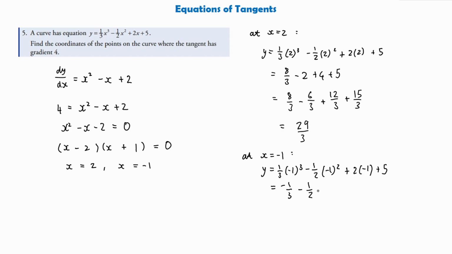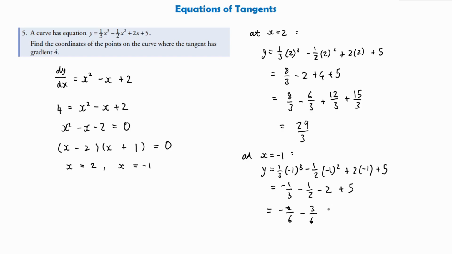Plus 2 times minus 1 is minus 2, plus 5, and this time we'll change everything again to give us a common denominator. In fact, we're going to do it over 6. So we get minus 2 over 6, and then we're multiplying this by 3 to get over 6.